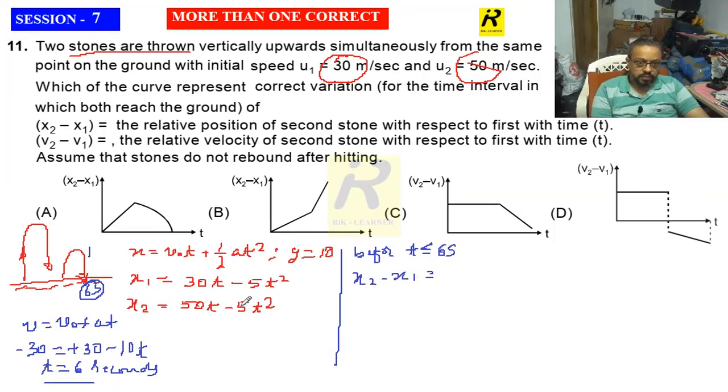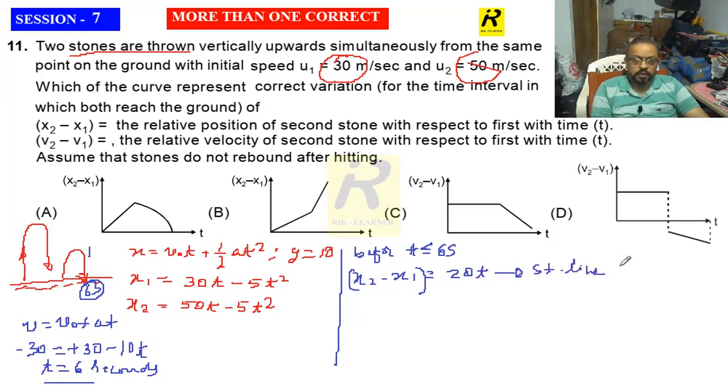When you subtract these two, definitely the last two terms, the 5t square, cancel, leaving you with the value 20t, so it is positive. That means x2 minus x1 will be with the slope 20t. So 20 is the slope value, t is the variable. Definitely we must get a positive slope. That means we should get a straight line.